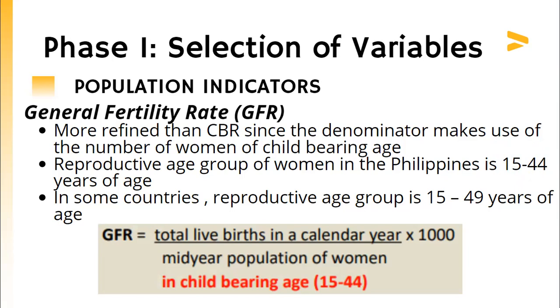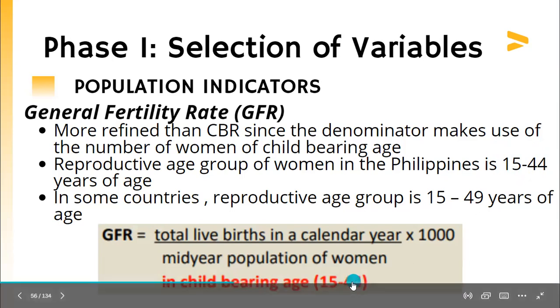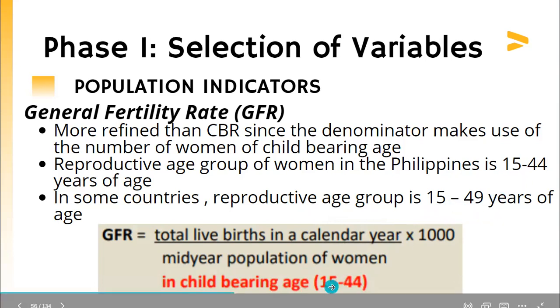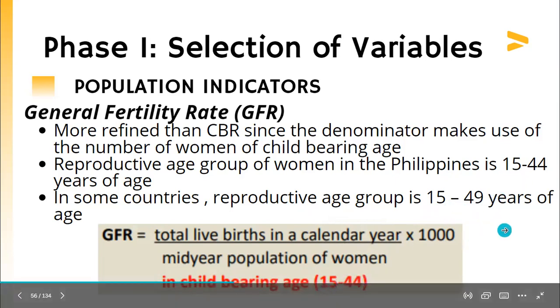It would actually vary, but for examination purposes, you need to follow the 15 to 44. Some countries, it depends, use 15 to 49 years. But for my exam, you follow the 15 to 44 childbearing age.